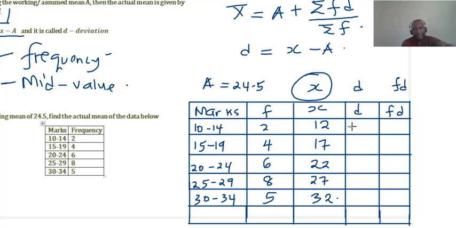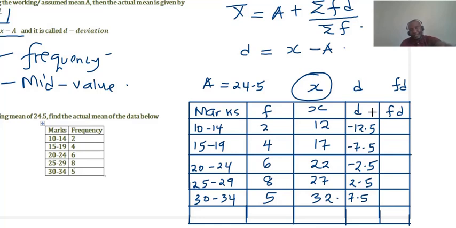This will be negative 12.5. 17 minus 24.5. This is negative 7.5. 22 minus 24.5. We get here negative 2.5. 27 minus 24.5. We are getting here 2.5 positive, and then 32 minus 24.5, we get 7.5.